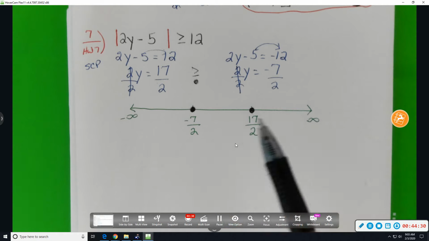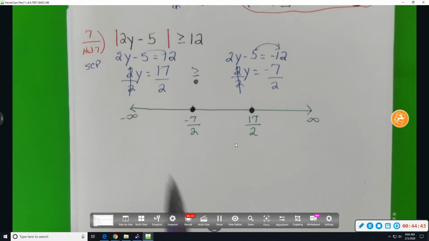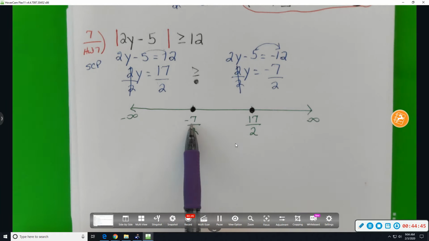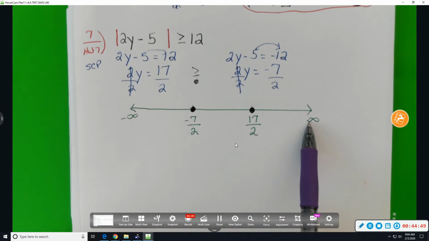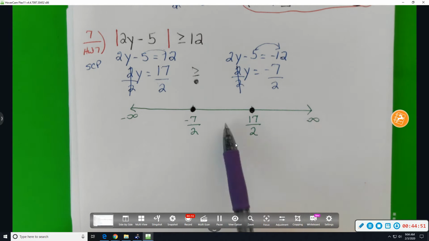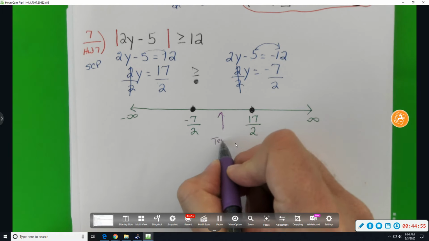Negative 7 over 2 and positive 17 over 2. Why the heck would you want to use those? What test number am I going to use? 0. And where would 0 lie on a number line? Does it lie between 2 negatives? Between a negative and a positive? Or between 2 positives? Always between a negative and a positive. So this is where 0 is.